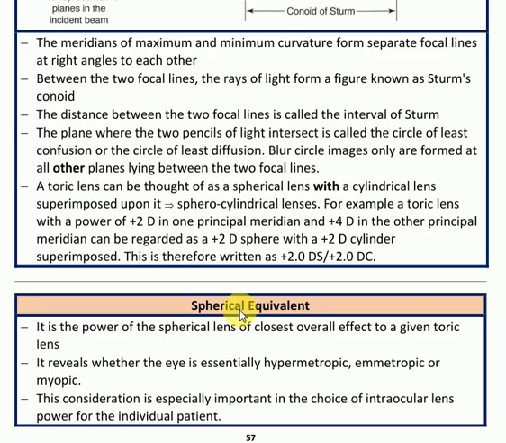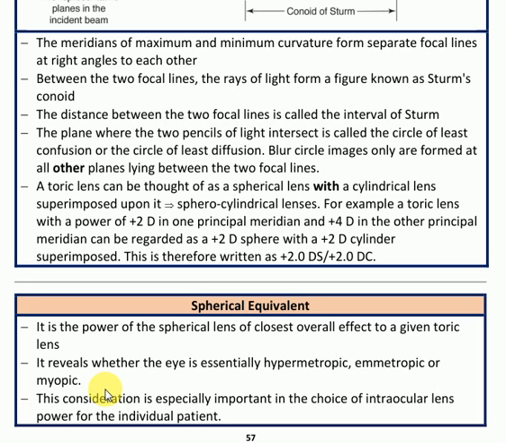Now, spherical equivalent. It is sometimes useful to calculate the power of a spherical lens closest in overall effect to a given toric lens, known as the spherical equivalent. This reveals whether the eye is essentially hypermetropic, emmetropic, or myopic.